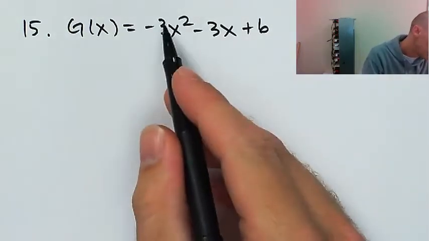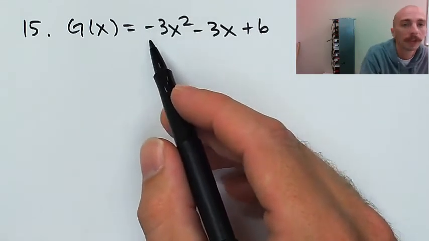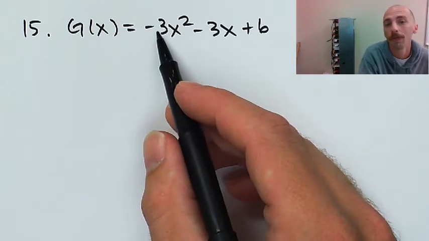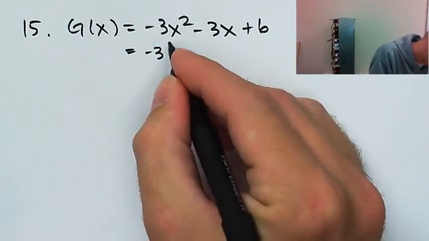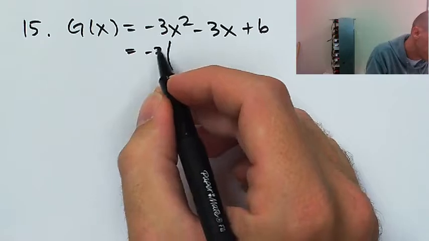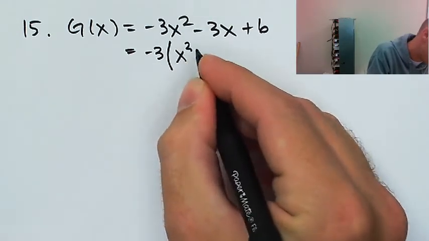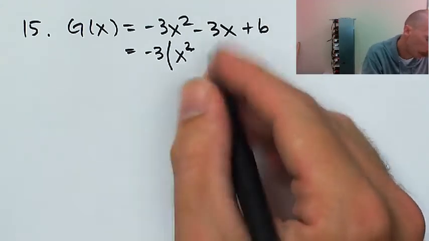So I see the 3 on all of these, and I see that it has a negative leading coefficient. My advice to you is, if you see a negative, you have to factor out the negative at the beginning. We'll factor the negative and the 3. So I'm going to say this is negative 3 times, because I don't have x in all of them, I can't factor out anything else. I would have to multiply negative 3 by x squared to get negative 3x squared. What would I multiply negative 3 by to get negative 3x?